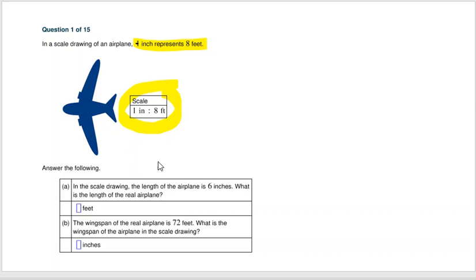In the scale drawing, the length of an airplane is 6 inches. What is the length of the real airplane? Okay, so if the scale is 1 to 8 and the length of the airplane on the drawing is 6, we want to know the length of the real airplane.